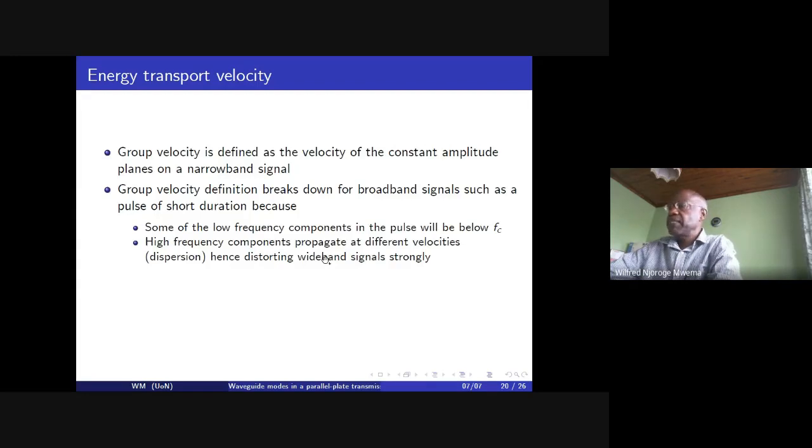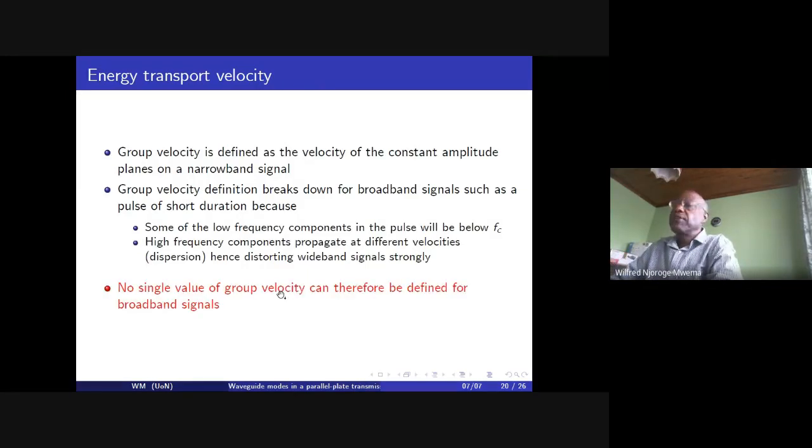It means that if you start with a rectangular pulse at the beginning of the guide, by the time you come to the output, that whole pulse will be looking smeared out. It will look almost like a cosine or something like that. So we cannot define a single value for group velocity when we have broadband signals such as those pulses.